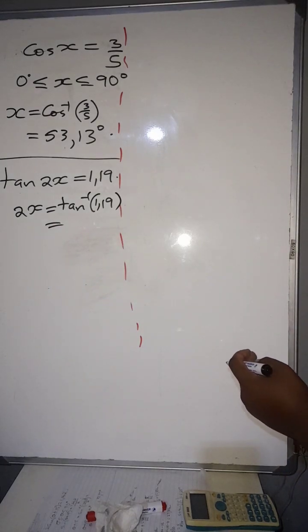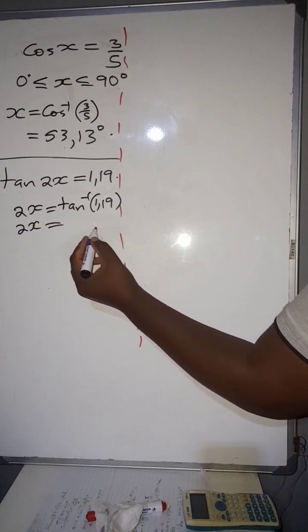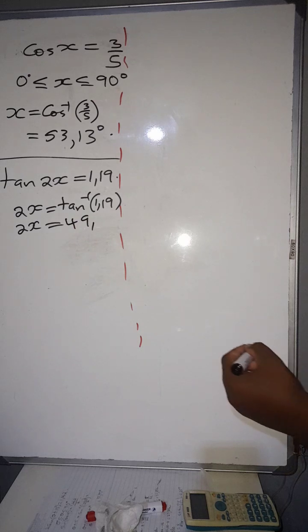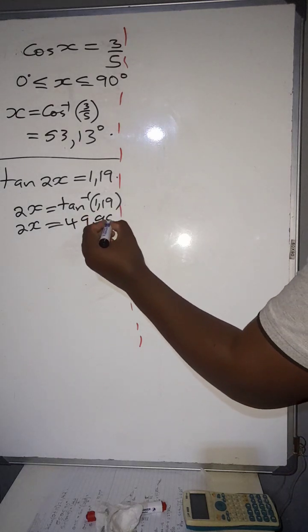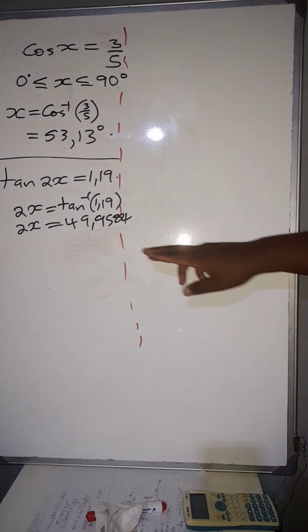And what are you going to get? 2x then would be equal to 49,9584. The reason why I'm taking 4 digits after the calculator there is because I do not want to round off yet.